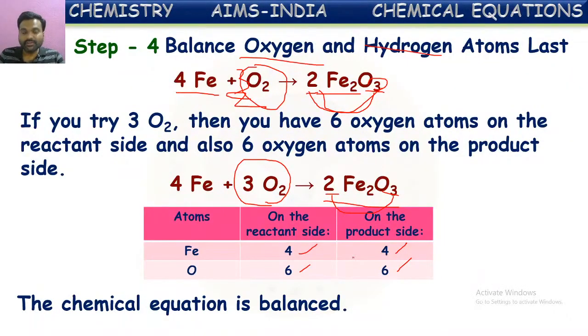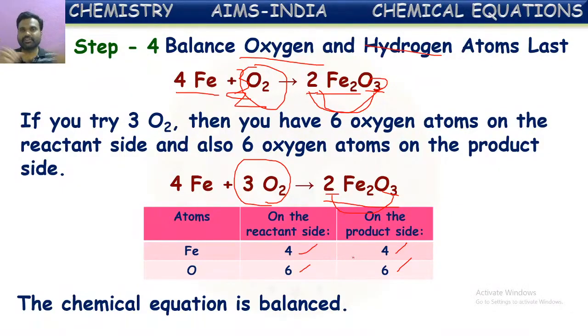So what we have done here: first we balance the atoms other than hydrogen and oxygen, which are in the elementary form. Heavier metals will be balanced first. How are we balancing these atoms? By randomly keeping some simple numbers in front of these formulae or symbols as coefficients. By keeping a simple number, we have to check whether the atoms are balanced on both the sides or not.